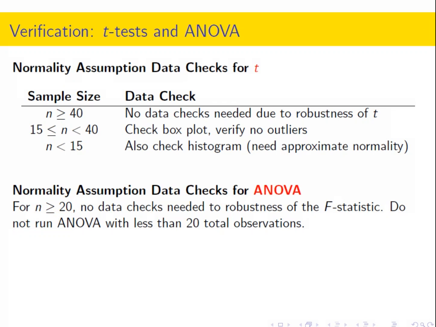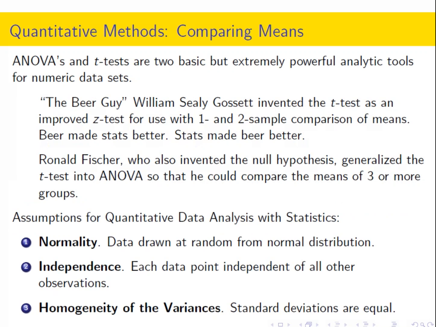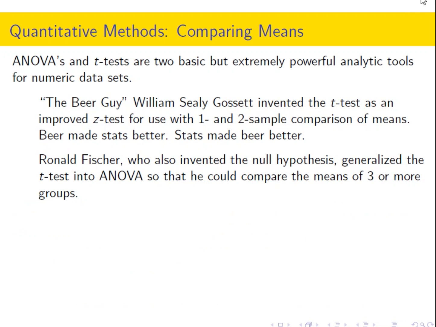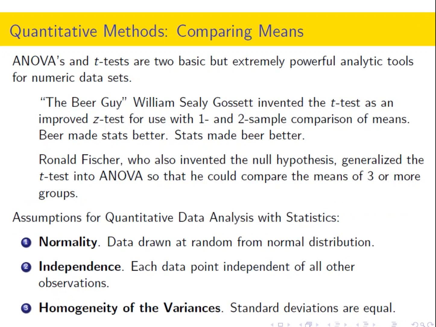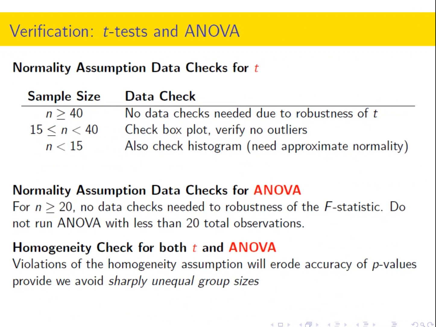So that's for the normality assumption. Remember, we could check two things, right? We can check normality and we can check homogeneity. We can't check independence. That's a research method. So for our third check, the homogeneity, what we're going to do is avoid sharply unequal group sizes. Okay, sharply unequal group sizes.